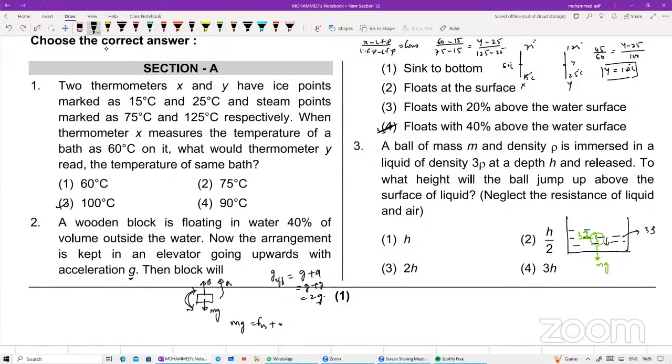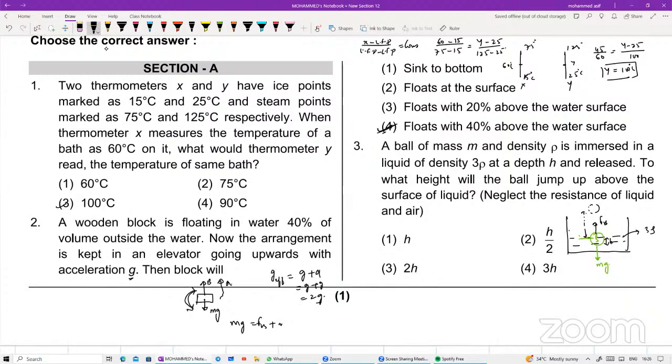So with h, which is the depth in this one, like this. So the buoyant force will be acting in the upward direction. To what height will the ball jump above the surface of the water? That means how high up will it jump from the surface of the water? This is what we have to find out, isn't it?